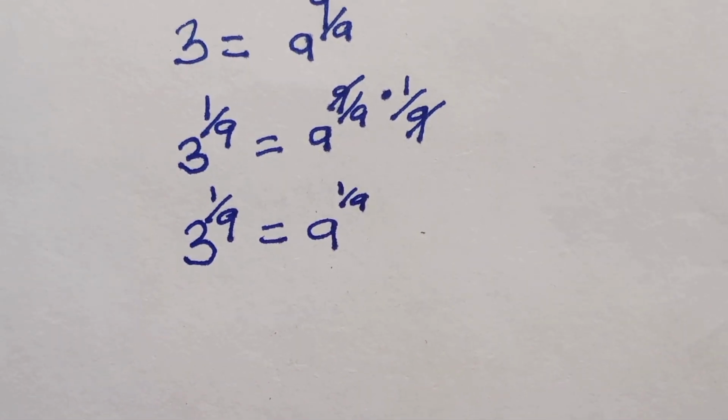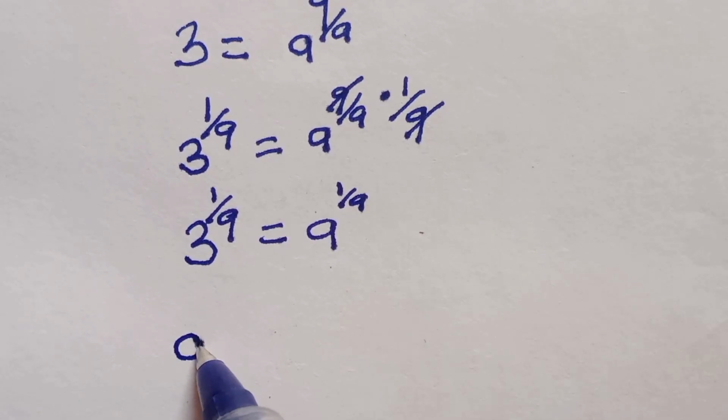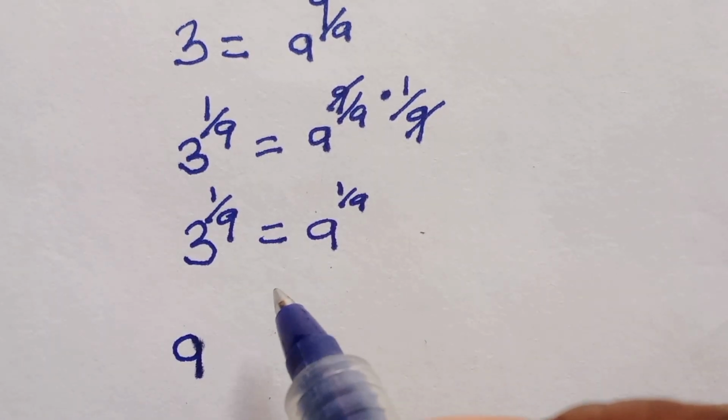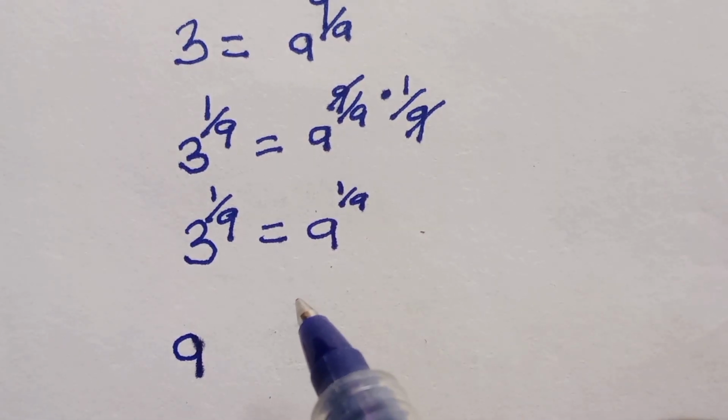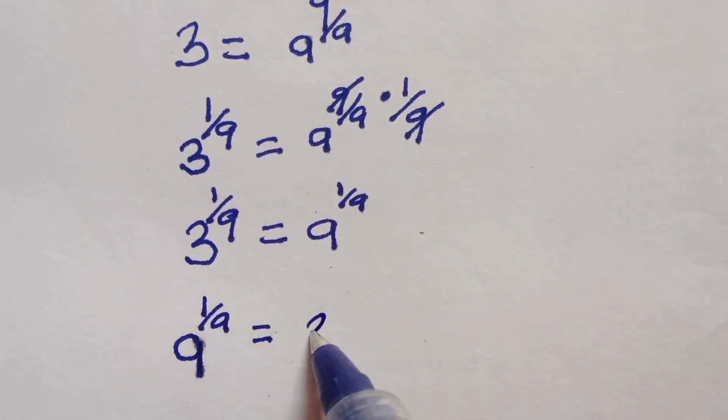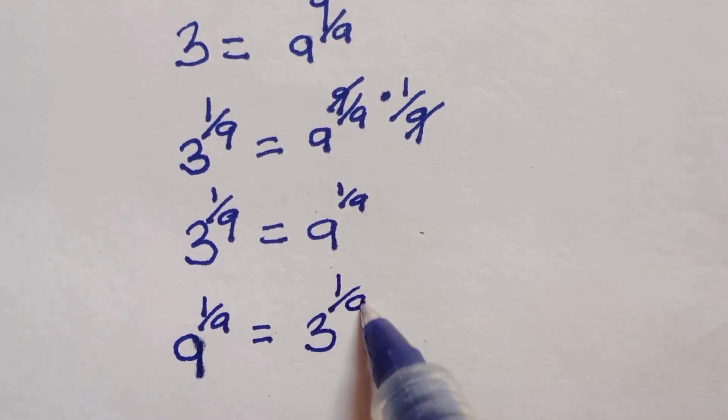So this means we have a raised power 1 over a equal to 3 raised power 1 over 9.